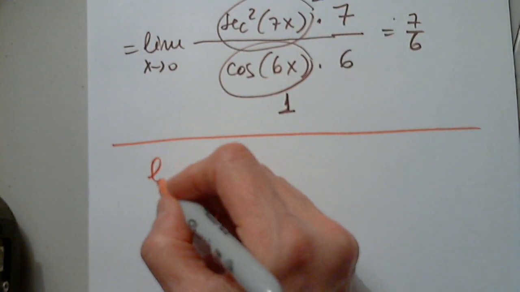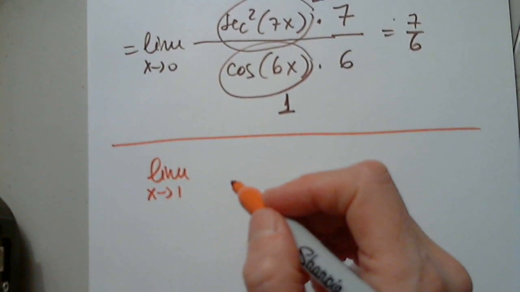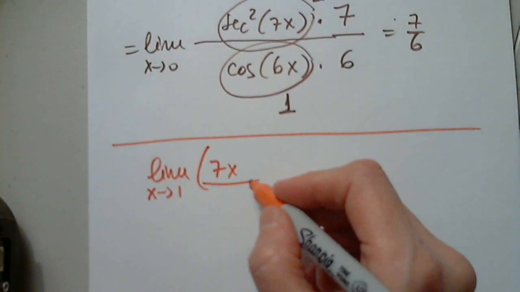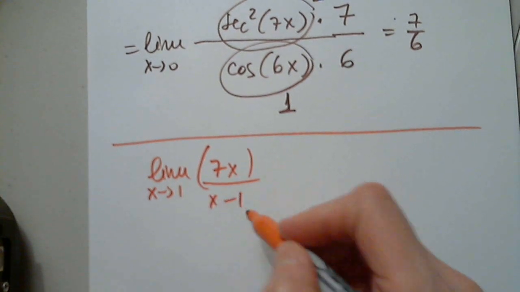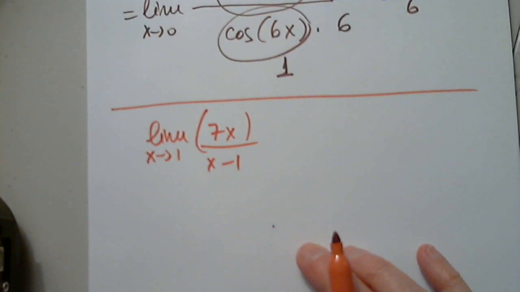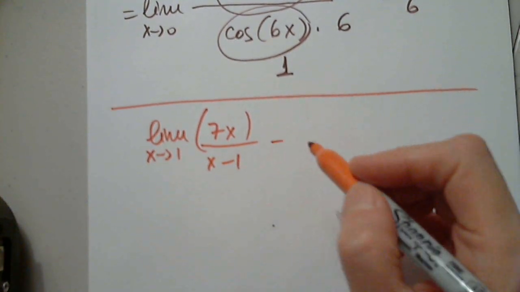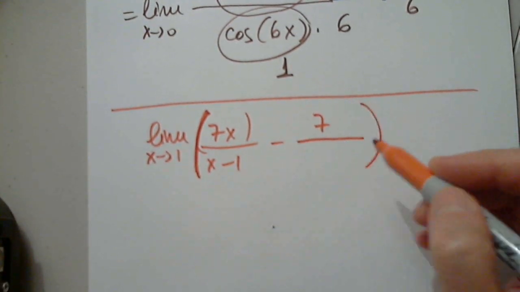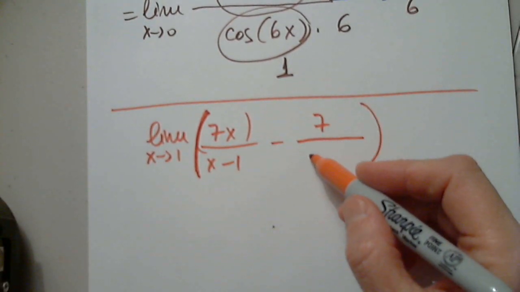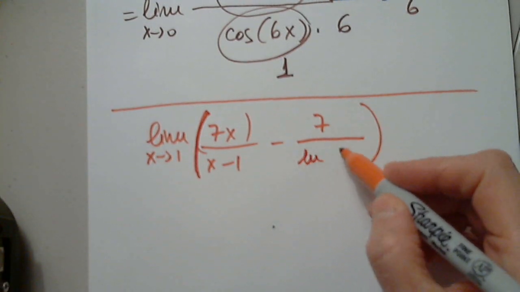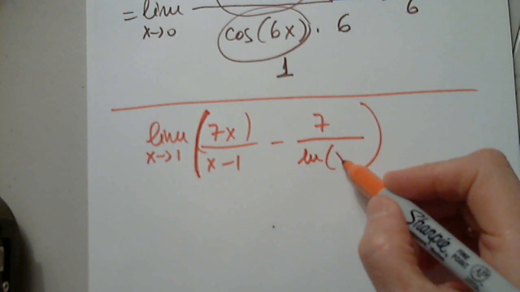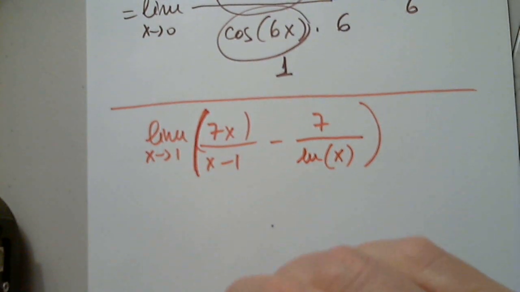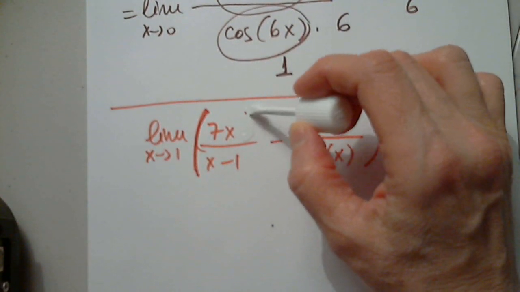Okay, so it's the limit as x approaches 1 of open parentheses 7x in the numerator, and in the denominator x minus 1, and then that whole fraction minus 7 in the numerator for the second one, and in the denominator the natural log of x.